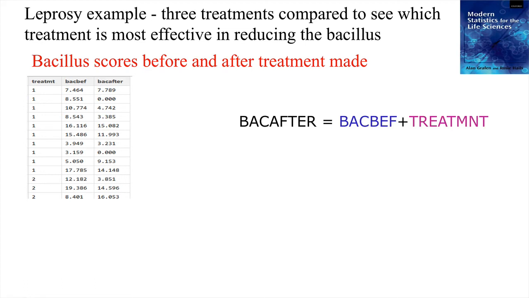Now what we really want to do is to have a look at the bacillus score after, but that might be related to two separate things. One might be the bacillus score before, because if you start with little, you might end with little. Likewise, if you start with a lot, you might end with a lot. But also the treatment, and this is what we're particularly interested in evaluating, whether there's any evidence of a treatment effect.